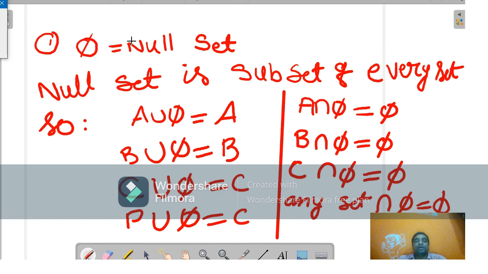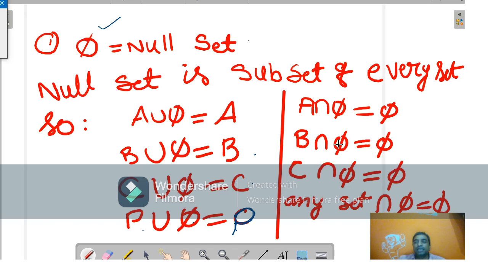Now coming to the null set. Null set means it is the empty set, with no elements in it. Hence the null set is a subset of every set. So A union null set is A, B union null set is B, C union null set is C, P union null set is P. For any set, the union with the null set gives the same set.